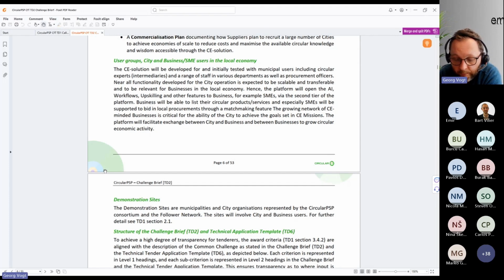The business users will have a limited set of functionality. We do not expect to replicate everything for them. It will be limited, but it will give access to the AI, for instance. It will give access to the communication, and it will establish this networking component, which is described in the platform below.